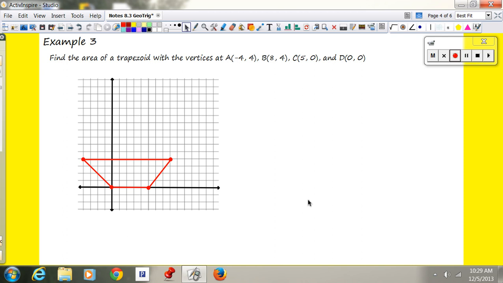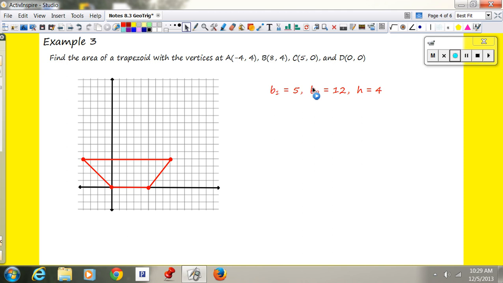As you draw it, does it look isosceles? No, it's not, because to get from this point to this point, I have to go over 4 and up 4. To get from this point to this point, I go over 3 and up 4. If they were the same, it would be over 4 and up 4, and then it would be isosceles. That's not, but we can still find the area.